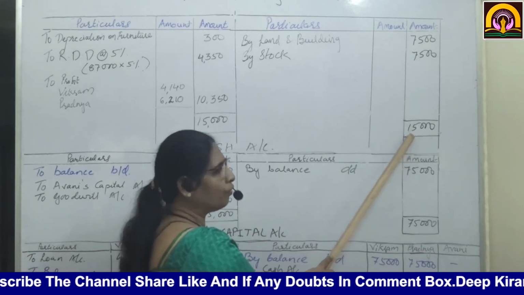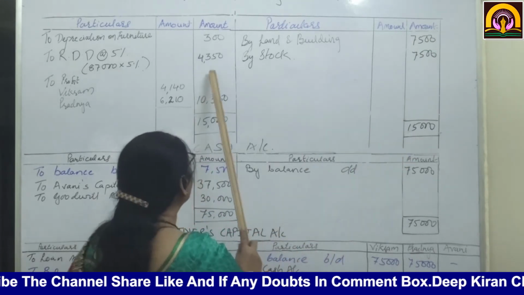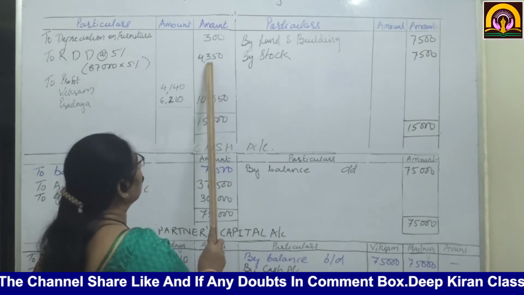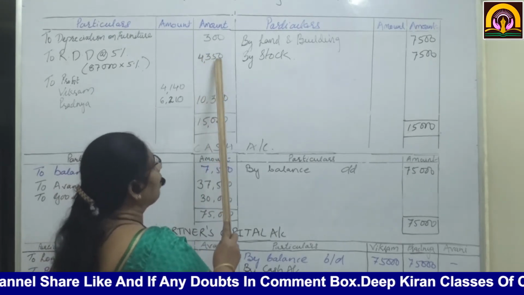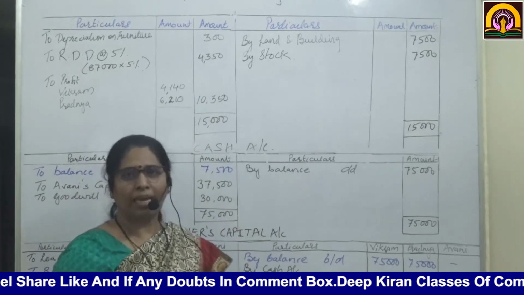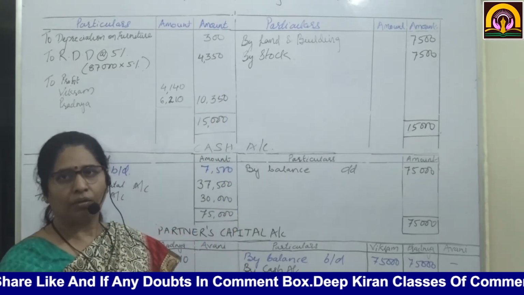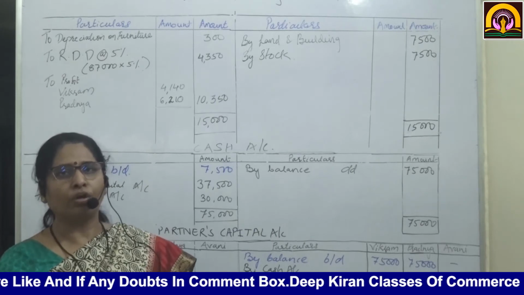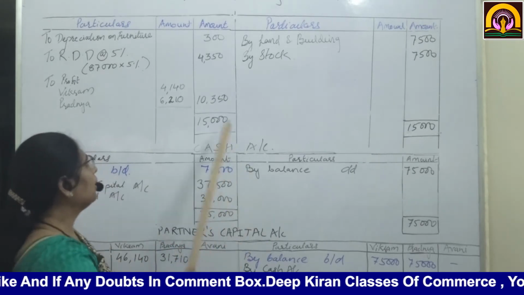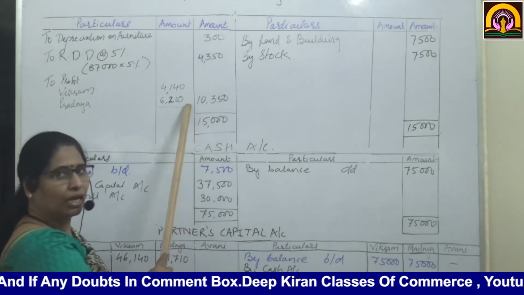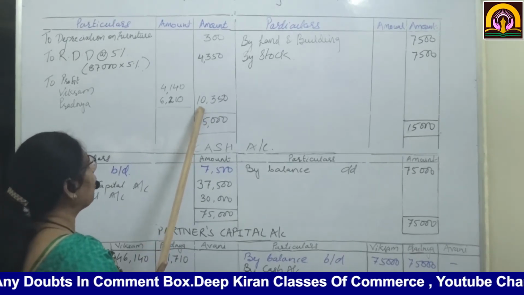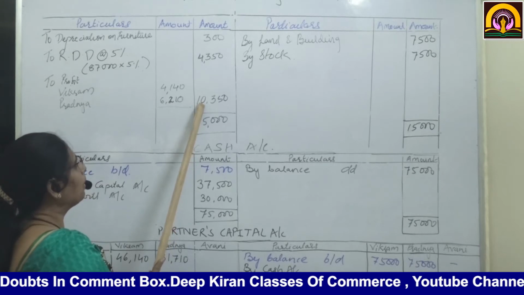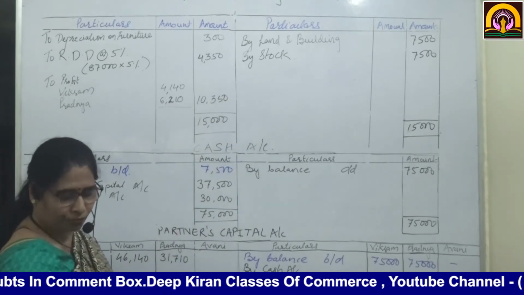Now see, look at these figures. The appreciation comes to 15,000, minus 4,350 and 300, that total 4,650, you will minus from 15,000. So what remains is the profit on revaluation of assets and liabilities. The total profit is 10,350.